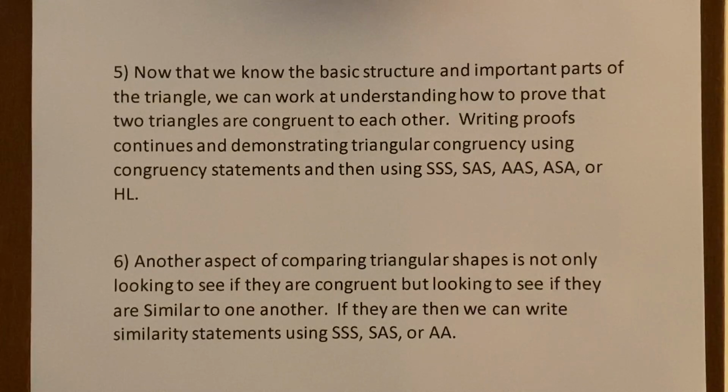And these shortcuts are known as the five different congruency statements: side, side, side; side, angle, side; angle, side, angle; angle, angle, side; or hypotenuse, leg. And we really want to use the shortcuts, the abbreviations, SSS, SAS, AAS, ASA, or HL.